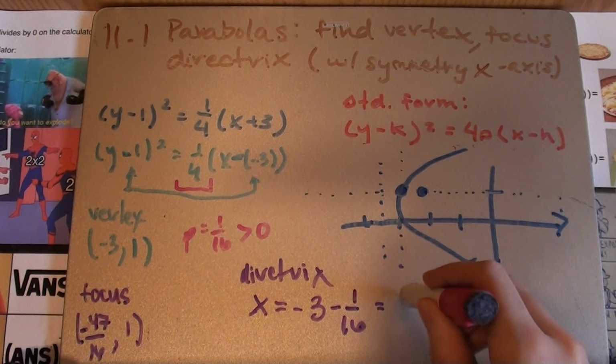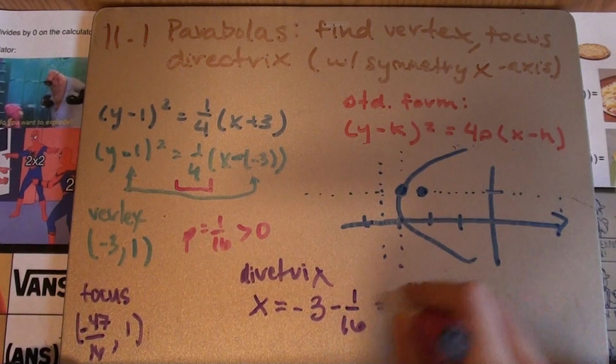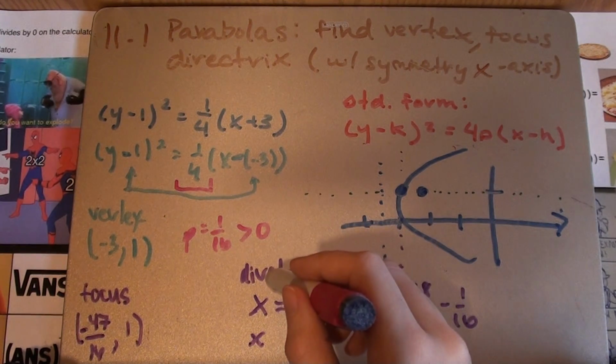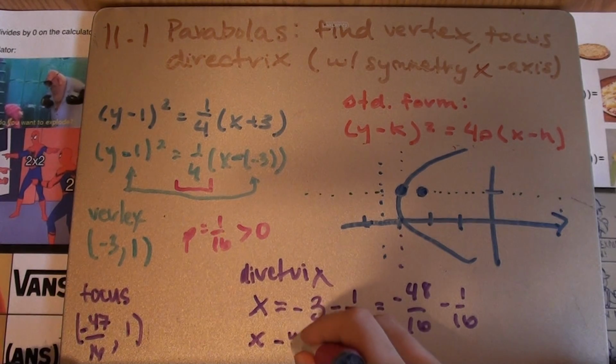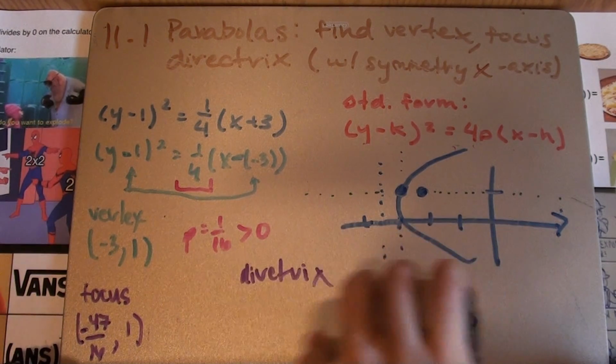So we're going to be, instead of adding like we did for the focus, subtracting 1/16. So that's going to be the same thing like we said. We're going to have -48 over 16 minus 1/16. So for our equation for our directrix, we're going to get x equals -49 over 16. That's our equation for our directrix. You can't see that, let me rewrite that.